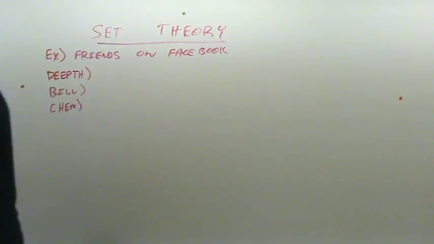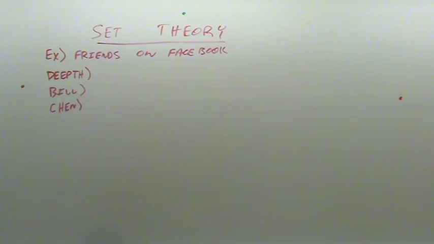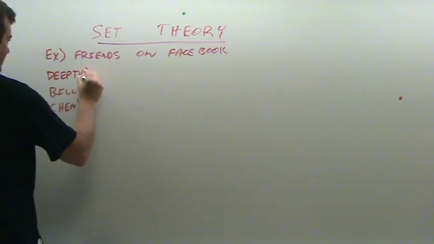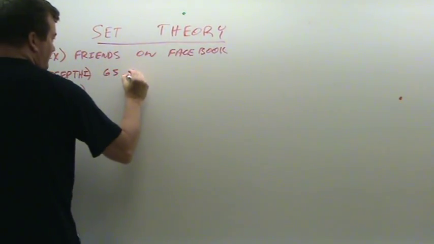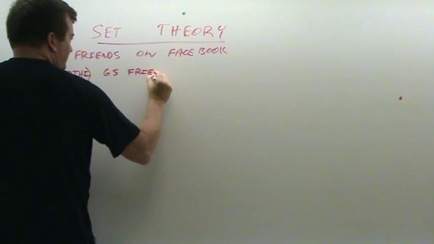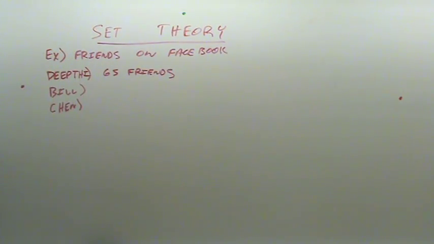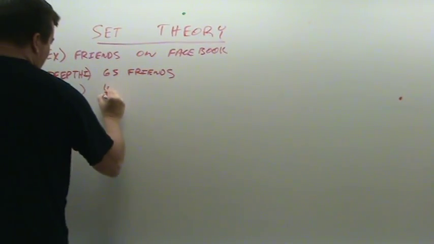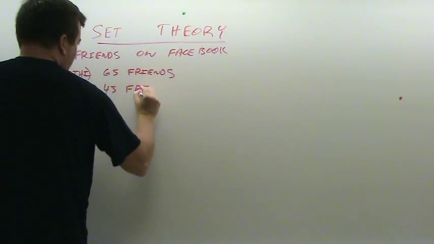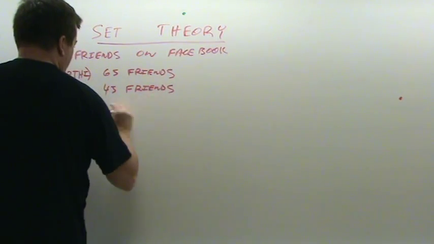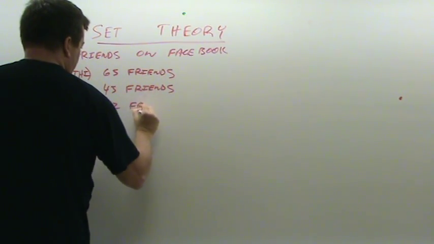Let's say Deepthi has 65 friends, Bill has 45 friends, and Jen has 42 friends.